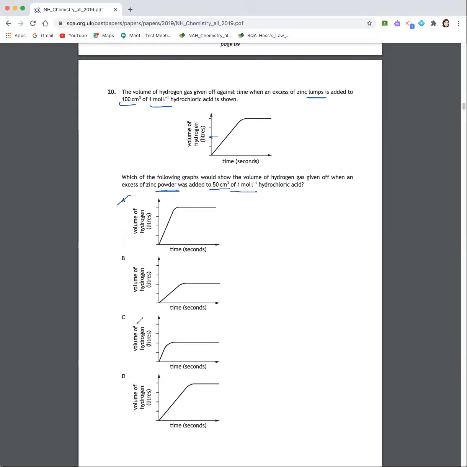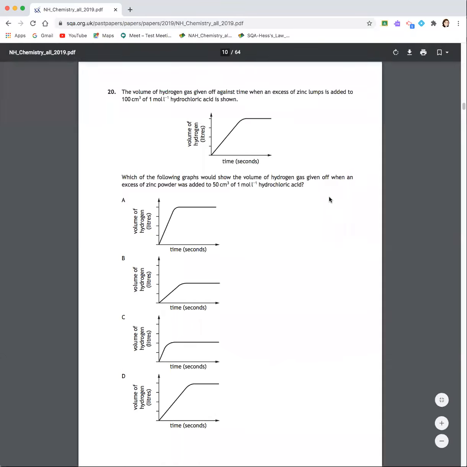That rules out A, and it also rules out D. So then we're between B and C. We've changed from lumps to powder, which means the rate's going to increase. So the curve should be steeper, so it needs to be C, because B has the same end volume but a lesser gradient. So that's testing your knowledge on controlling the rate of reaction.